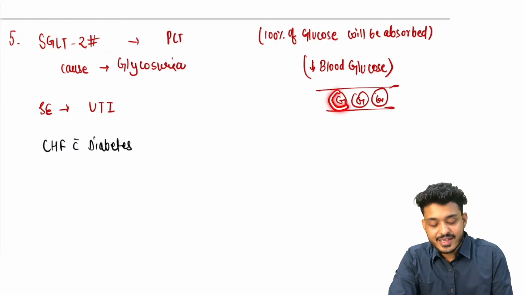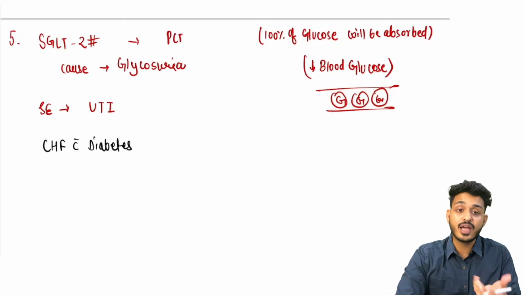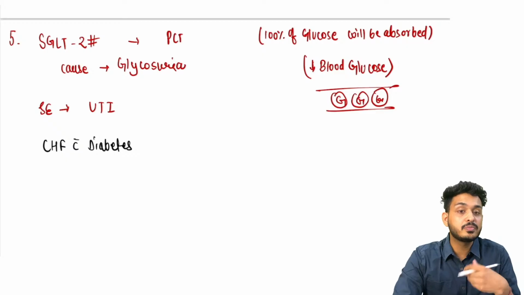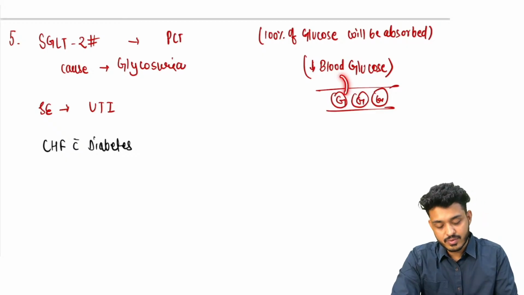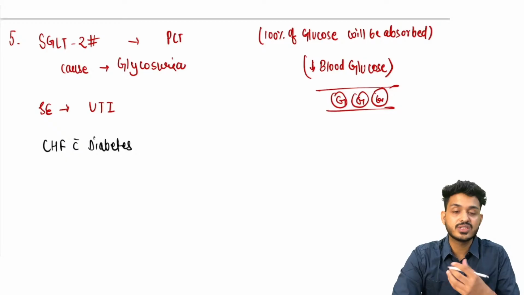Glucose is a hyperosmolar substance, so it will produce polyuria also. Lots of fluid will be going away along with it, right? And if this fluid is going away, what will happen? We will have treatment of congestive heart failure.